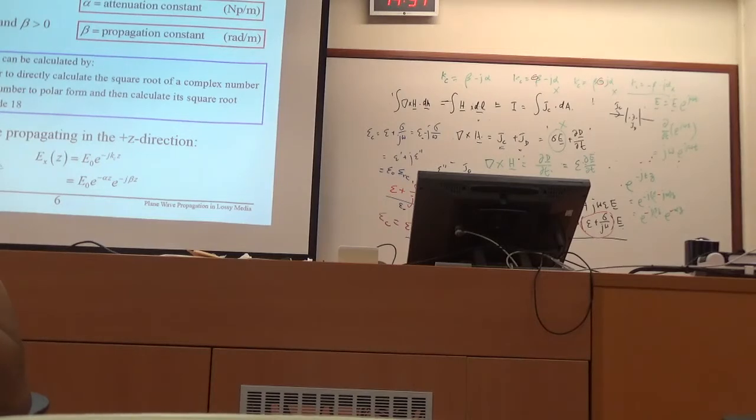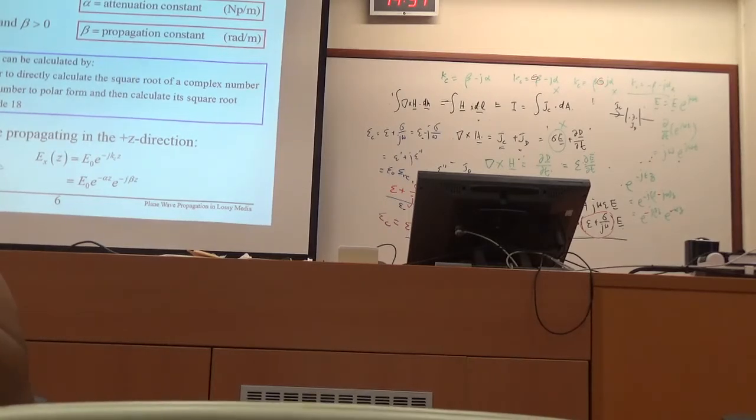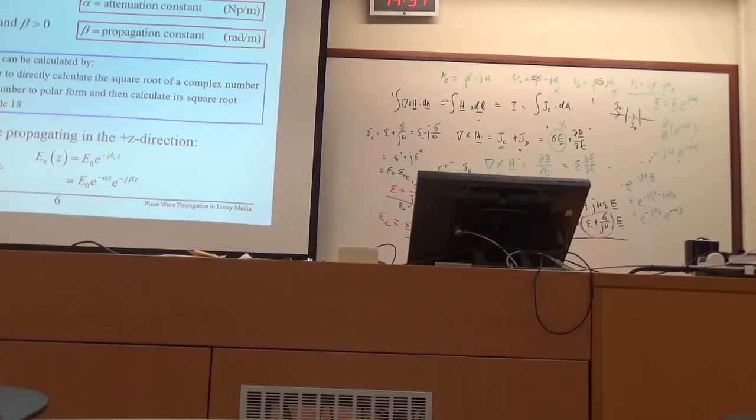The values of alpha and beta can be calculated using your calculator to directly calculate the square root of a complex number. Can your calculator do the square root of a complex number? If not, change the complex number to polar form, and calculate the square root, using the table in slide 16.